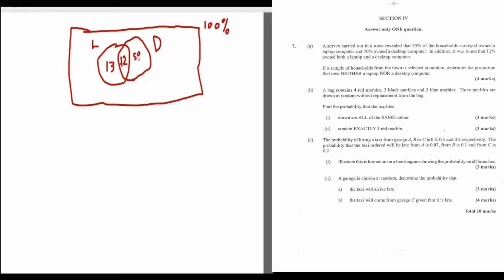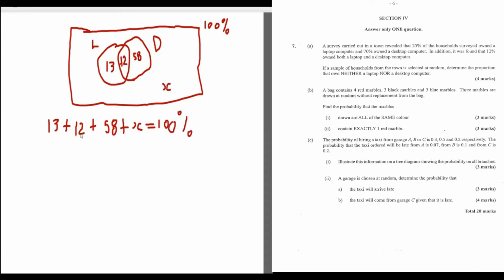So what this question asks us now: if a sample of households from the town is selected, determine the proportion that neither owned a laptop nor a desktop. Out here, I'm going to call X. What I know from my Venn diagram is that 13 plus 12 plus 58 plus X is equal to 100%.